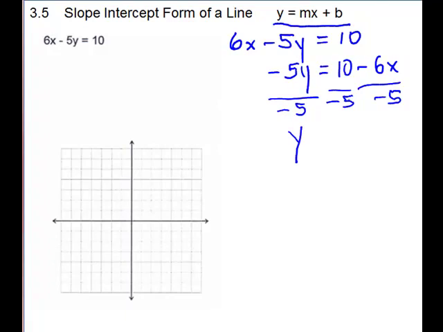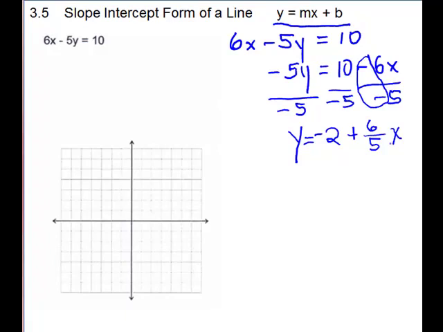Gives us y equals a negative 2. Be careful here, you have 2 negatives. That will give you plus 6/5 x. Now we're in the proper form.